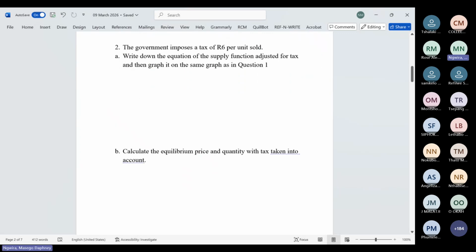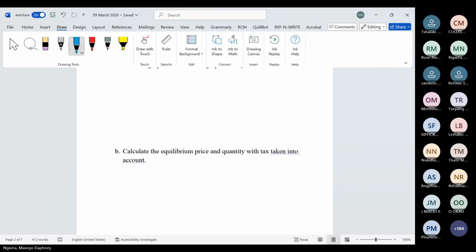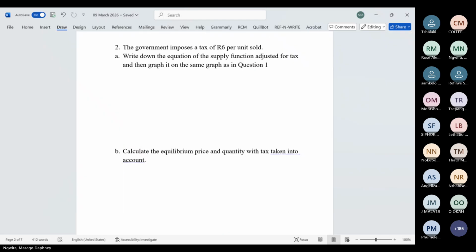So it's going to be P minus T is equal to C plus DQ.